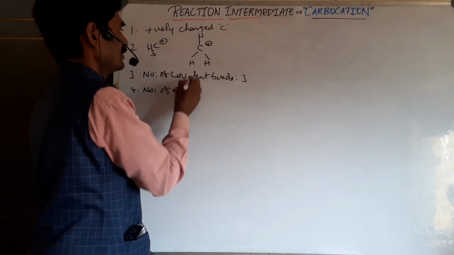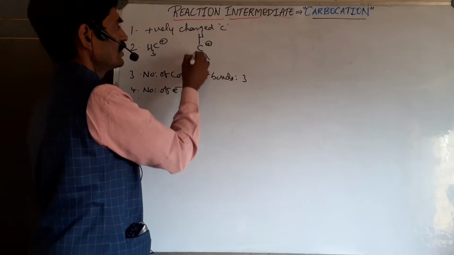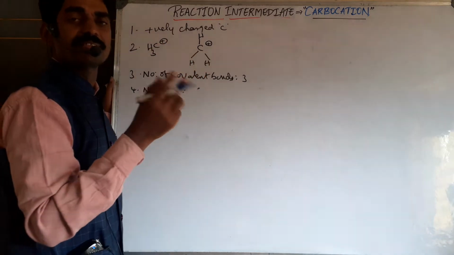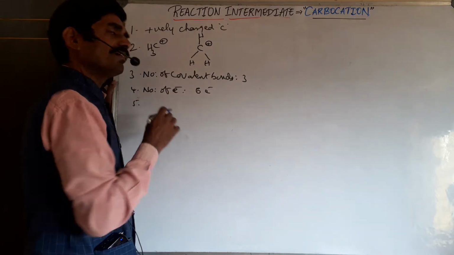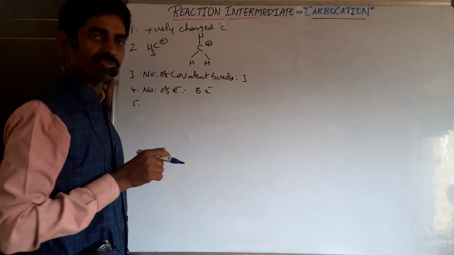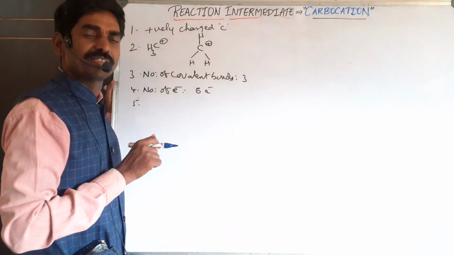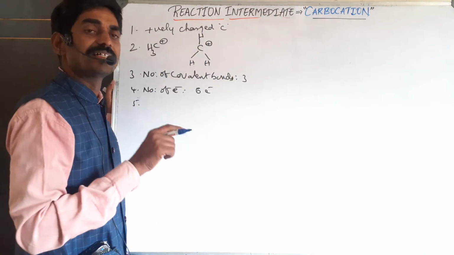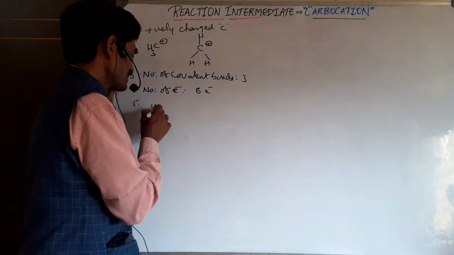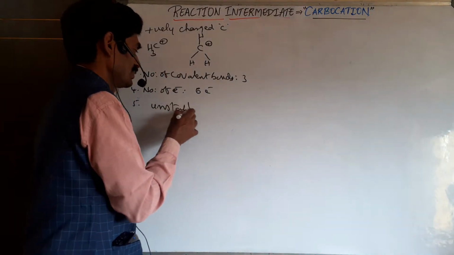One covalent bond is 2 electrons, so 3 covalent bonds is 6 electrons. Stability is due to the presence of 8 electrons, so it needs 2 more electrons, 6 plus 2 is 8. That is why it is unstable.